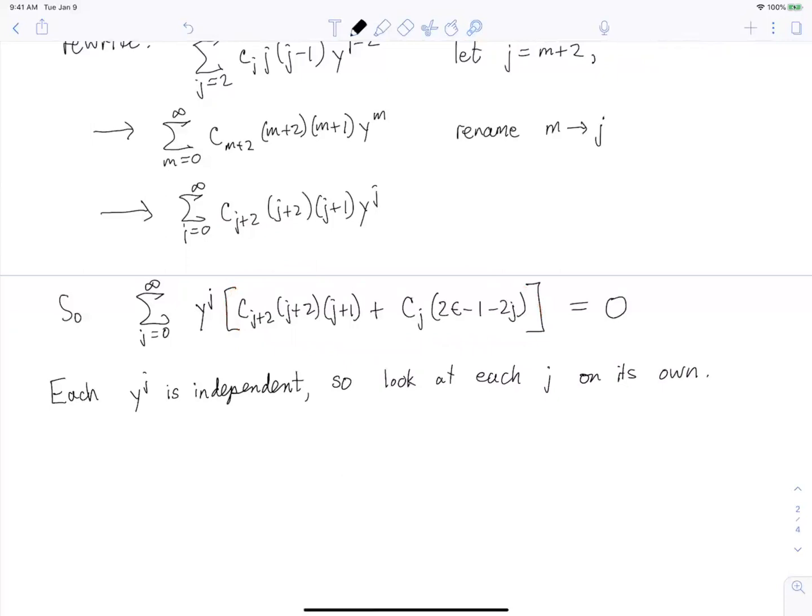And so then we can solve for c sub j plus 2. Namely, it's 2j plus 1 minus curly e over j plus 2 times j plus 1, times c sub j.